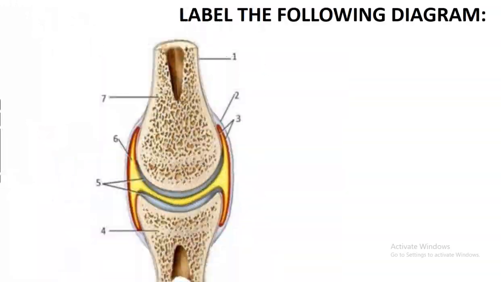Let's quickly move on and look at the next diagram. In the next diagram, we have been asked to label the diagram. If you look at the labels of this diagram, number 7 is just the sponge bone. Then 3 is simply the synovial membrane.